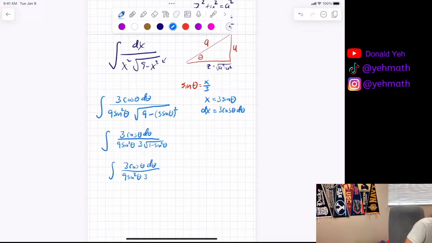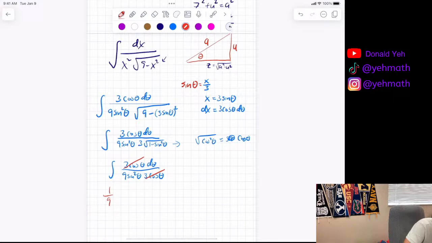If I just do this on the side, the square root of 1 minus sine squared is cosine theta, so it'll be 3 cosine theta. So did this thing cancel out perfectly?